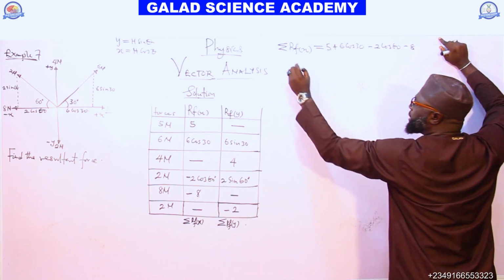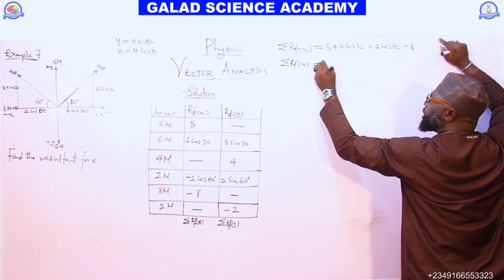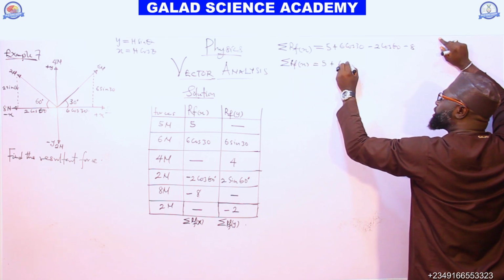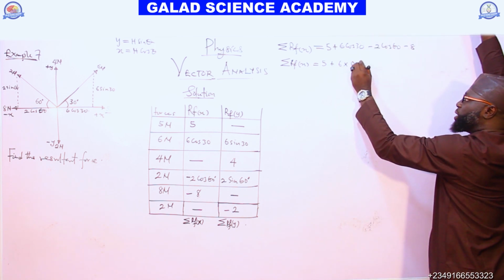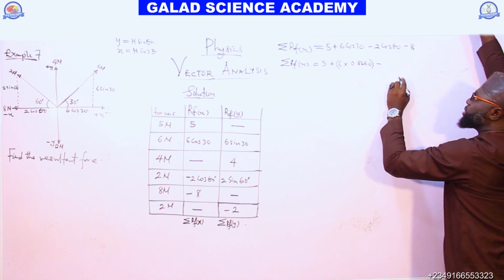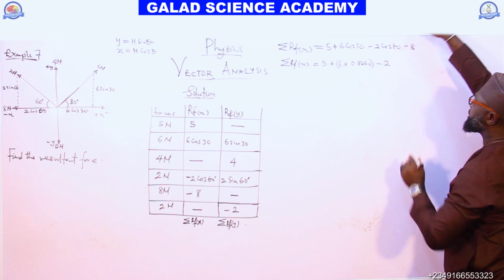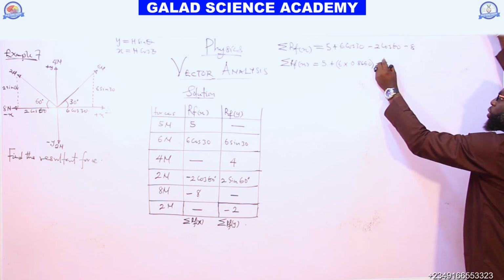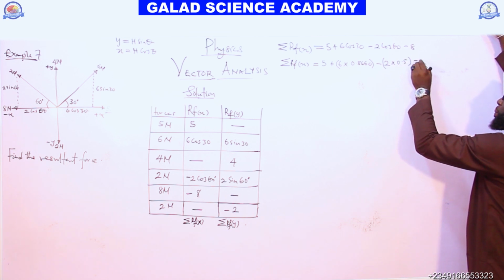Then the sum of the resultant force for x axis will be 5 plus 6 multiplied by cos 30. The cos 30 will give us 0.8660. Minus 2 cos 60 will give us 0.5 minus 8.